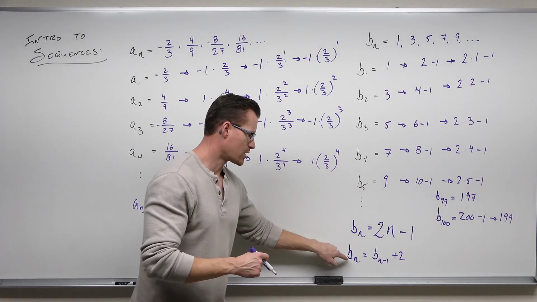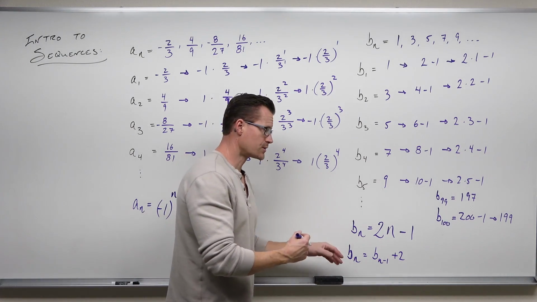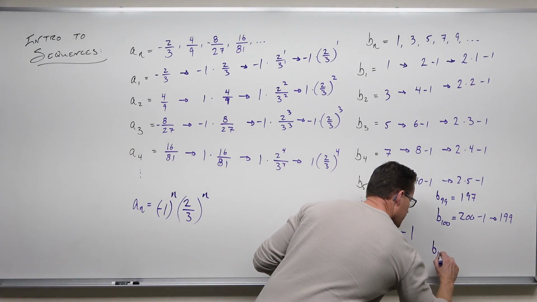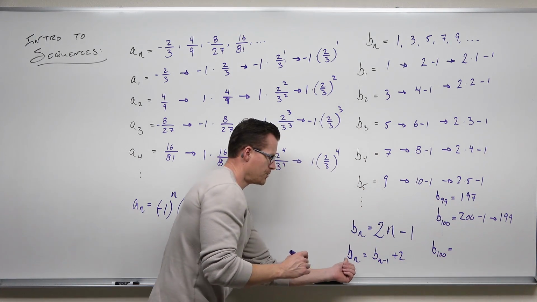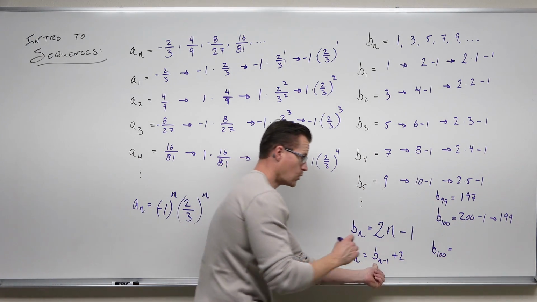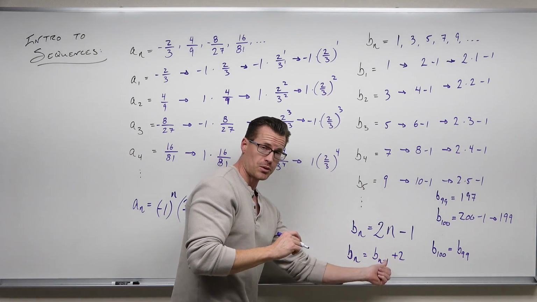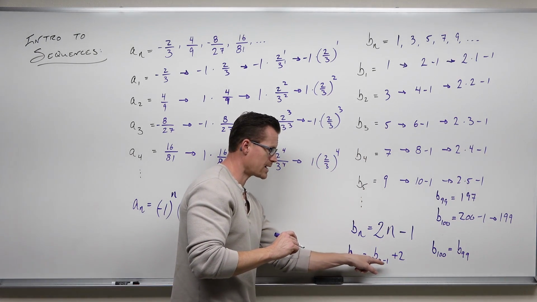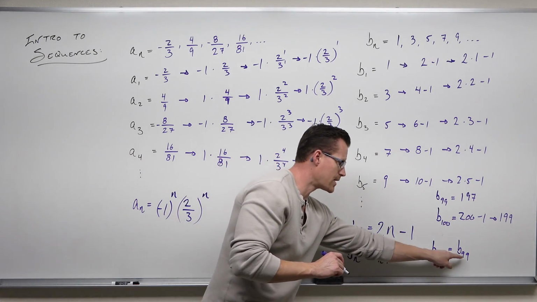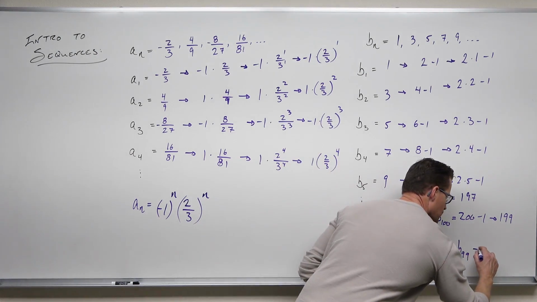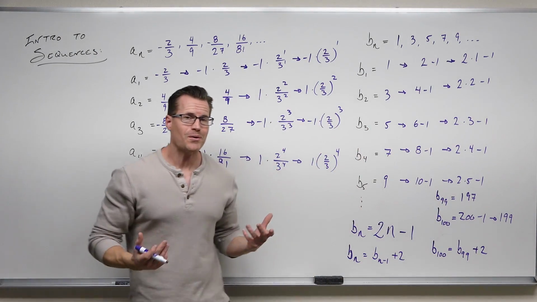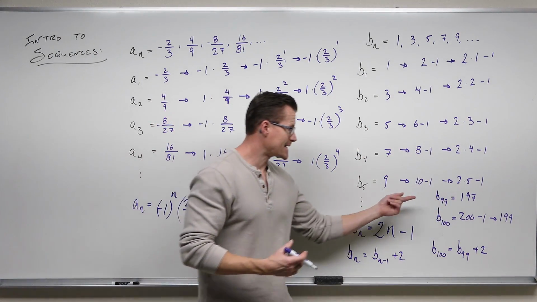So check it out. If I wanted to find the 100th term this way, I would have b sub 100 should equal b sub 99, the previous term. Notice how 100 minus 1 is 99, plus 2. Well, do you know the 99th term? Yeah, because I gave it to you.